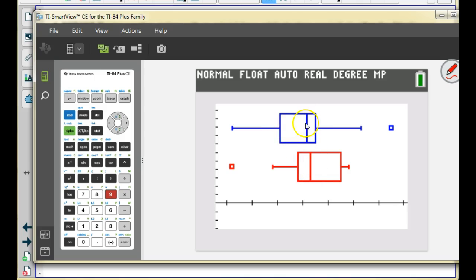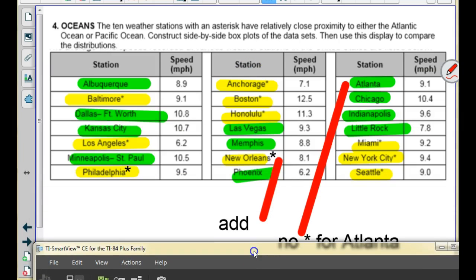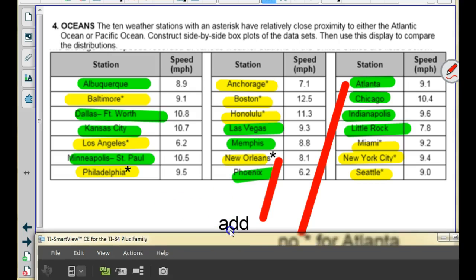Okay. The 50% that's down here is more spread out. There's not a lot of great conclusions to draw here. The median of this one is a little bit higher. The 50% in the middle are definitely higher than the 50% in the box here. So I would have guessed the wind speed near the ocean was going to be more, but that's not what our data showed us for most places.